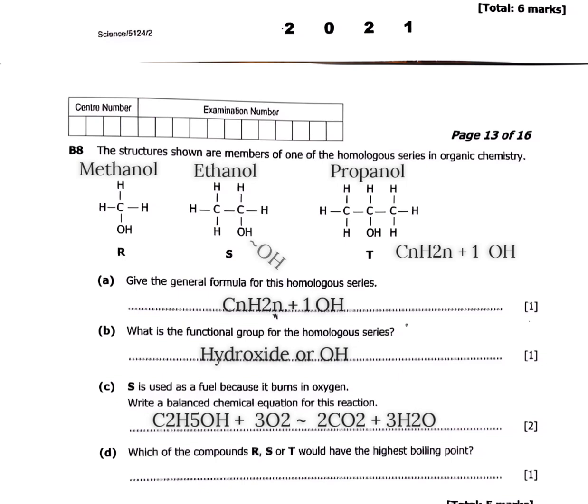So propanol is going to have the highest boiling point. So I'm going to say T. Don't use the name propanol, because according to the question we've been given here, they haven't told us to label these compounds. So just say T.